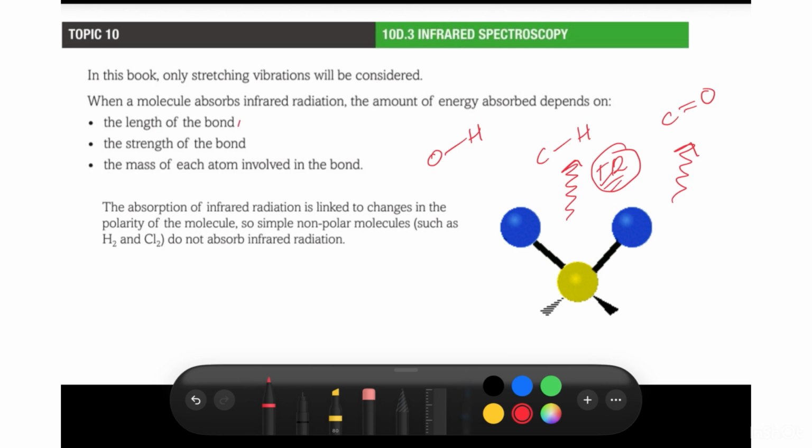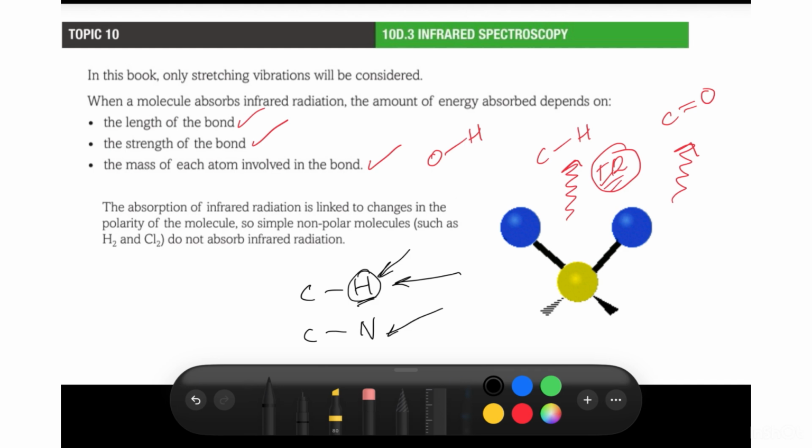The first one is the length of the bond and the strength of the bond, and finally the mass of each atom. For example, if we have CH and we have CN, which of these two bonds will vibrate faster? You have to keep in mind the CH bond will vibrate faster because it has lighter atoms like hydrogen. Hydrogen is lighter than nitrogen. That's why it vibrates more, and that's why it has a higher frequency.